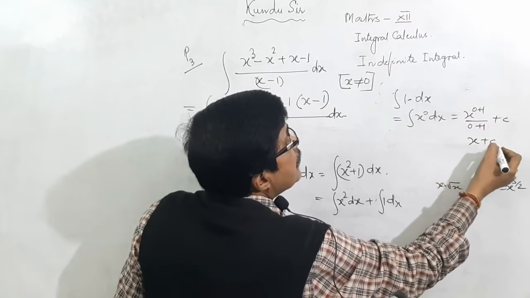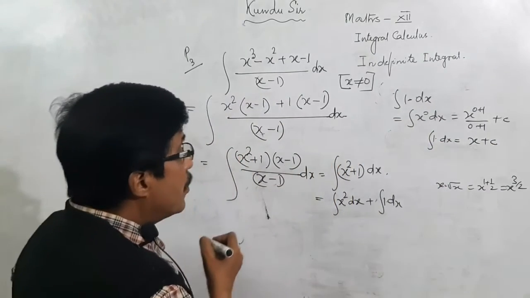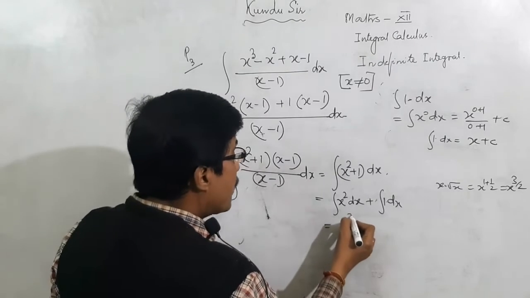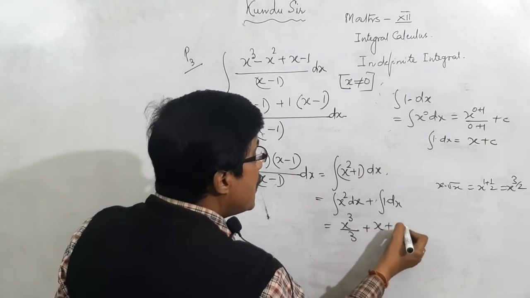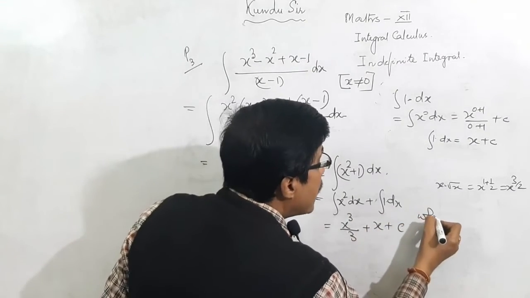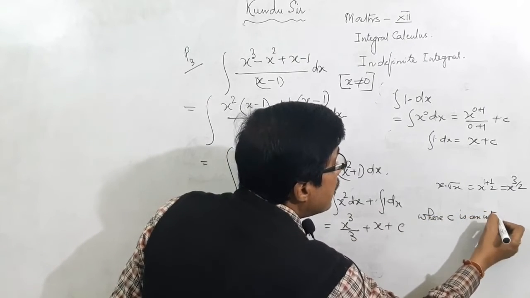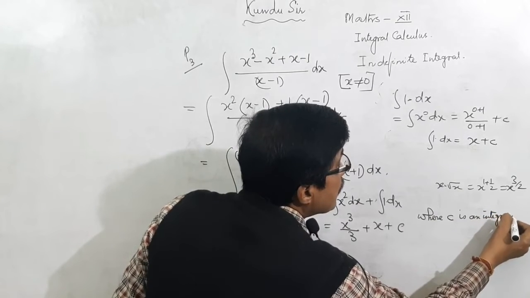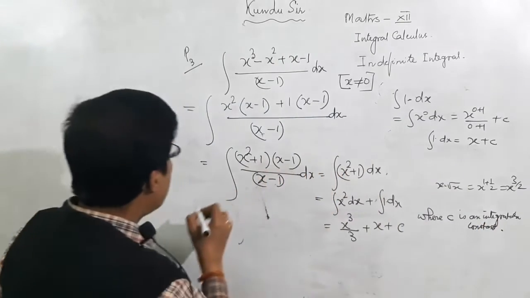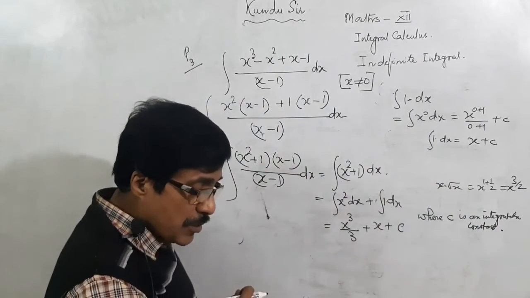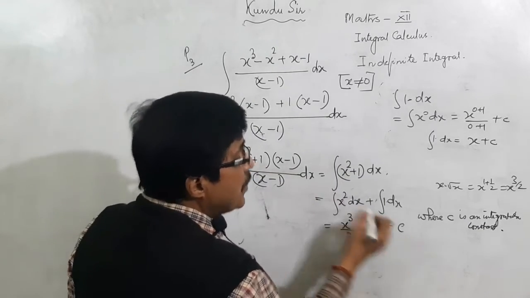That means the integral of 1 dx equals x plus c. So it can be written as x to the power 3 upon 3 plus x plus c, where c is an integration constant. The result is x to the power 3 upon 3 plus x plus c.